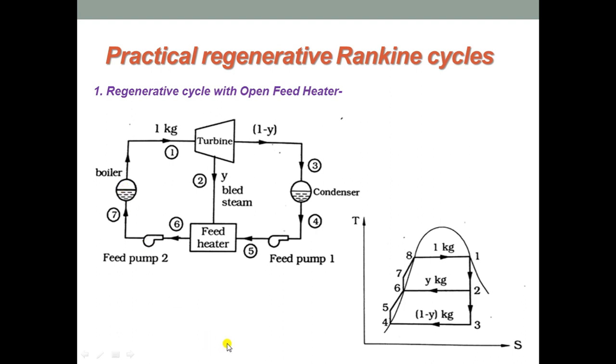The second feed pump compresses the water to point number 7, and the process repeats. This is how a regenerative cycle with open feed water heater is made.